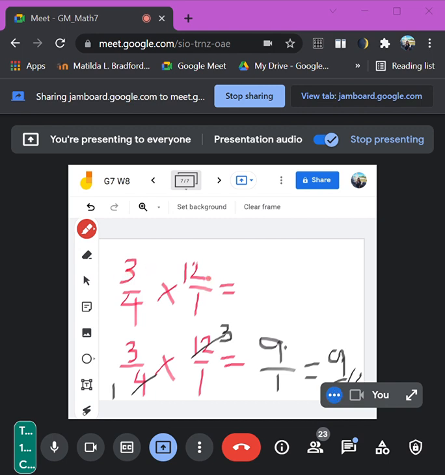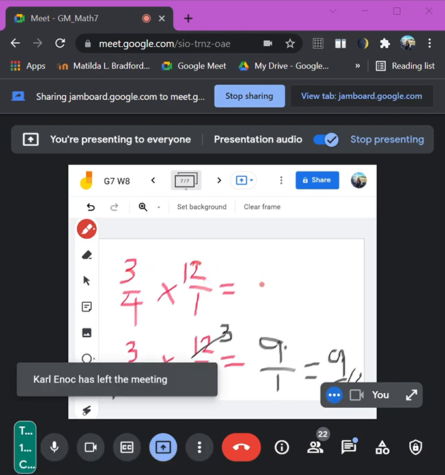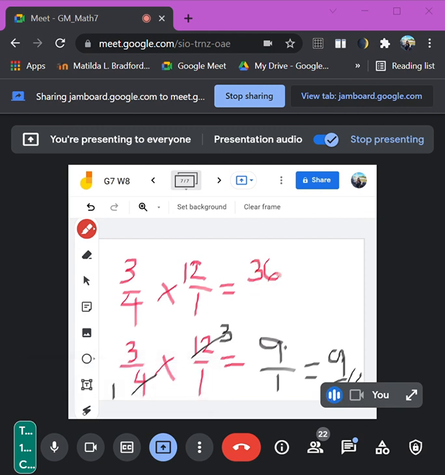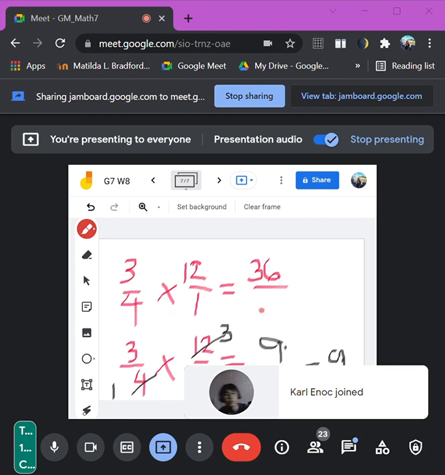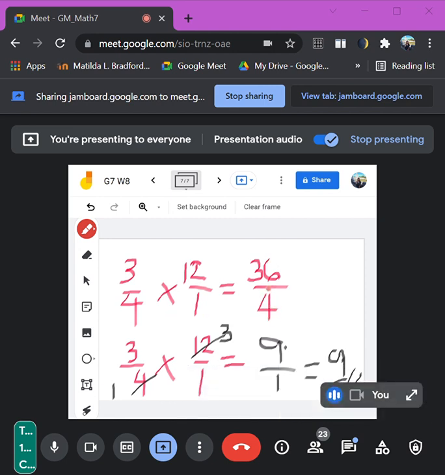You have there 3 times 12, pila? That is 36. Right? 36. 4 times 1, that is 4. Diba? 36 over 4, dili pa man siya final answer kay malowest term pa man siya.